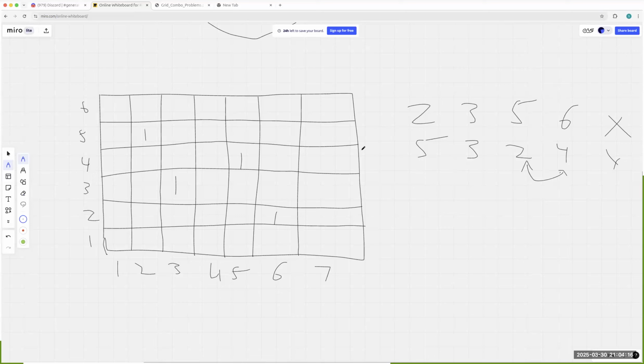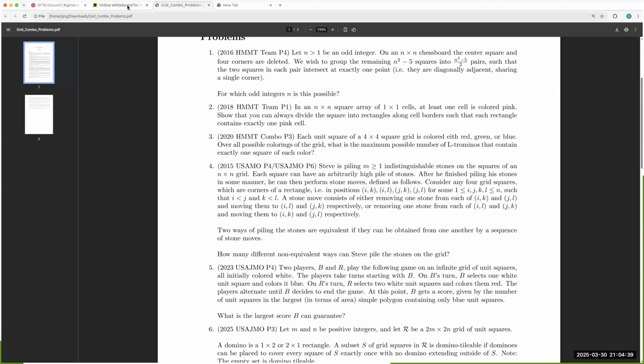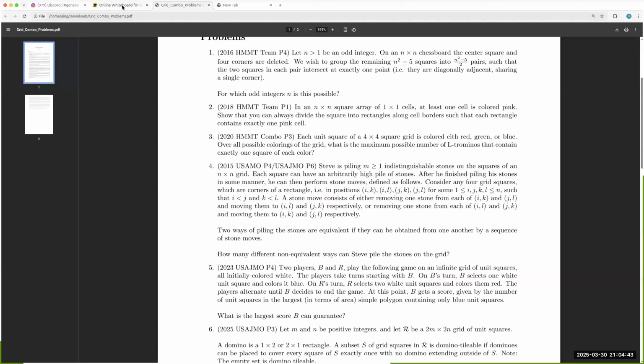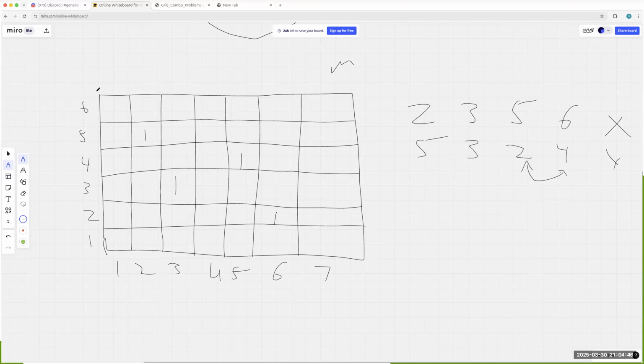So we're asked to find how many of these board arrangements cannot be attained from each other. And so that suggests just looking at these sets of x and y coordinates to determine the desired answer, right? So first of all, notice that we simply want to place m stones in the, I guess this is a bad grid because it's not n by n, but you know what I mean.